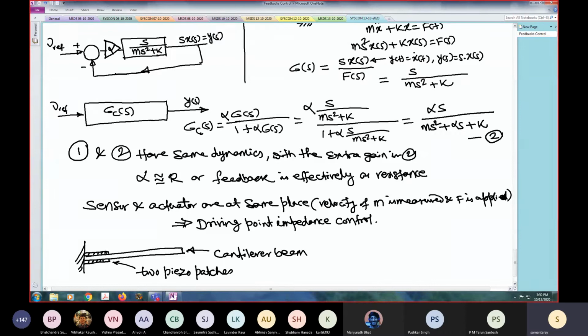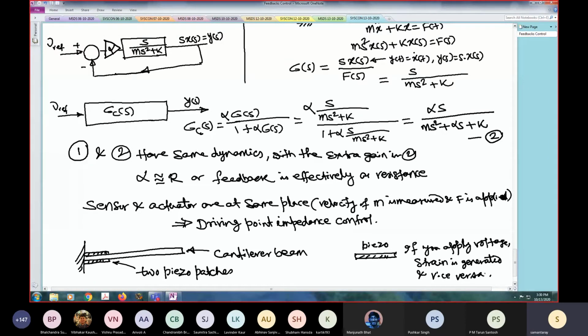So two piezo strips are there. Now these piezos are such that if you apply voltage, strain is generated, and vice versa. That means if you strain it, it will generate a voltage. If you put a voltage, it will strain it.